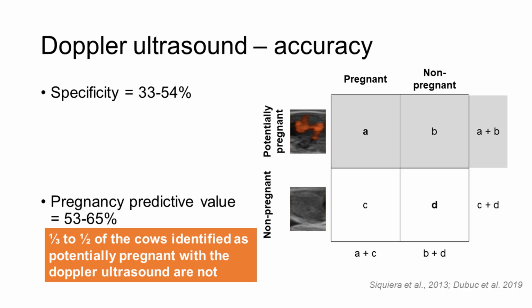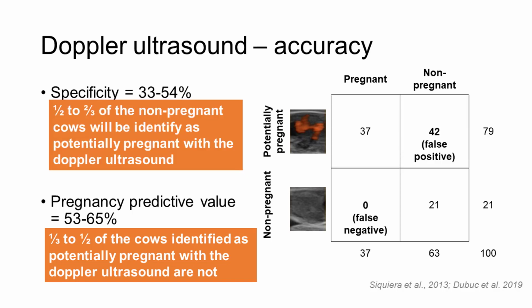Indeed, a third to a half of the cows identified as potentially pregnant with the Doppler ultrasound are in fact non-pregnant. The specificity and pregnancy predictive value of the Doppler ultrasound are greatly lower than the sensitivity and non-pregnancy predictive value. In this context, false positives have a smaller impact than false negative results.